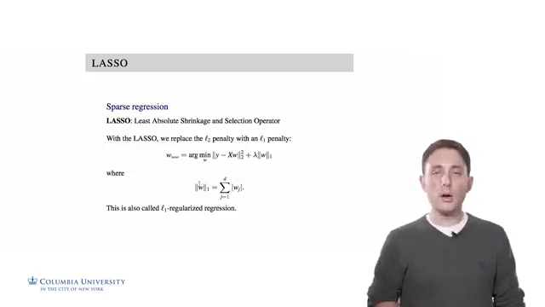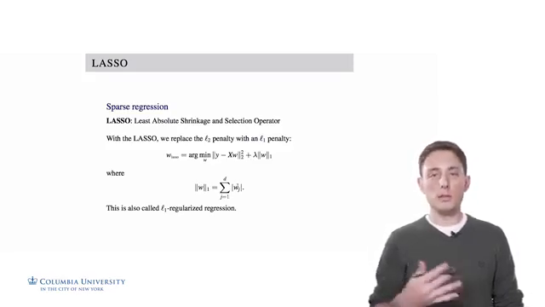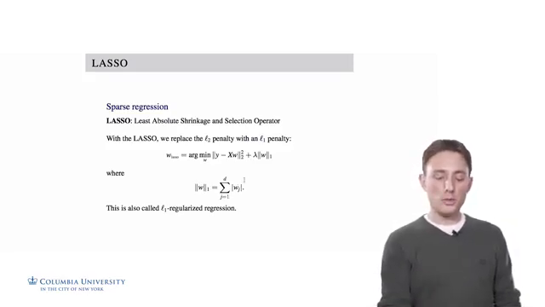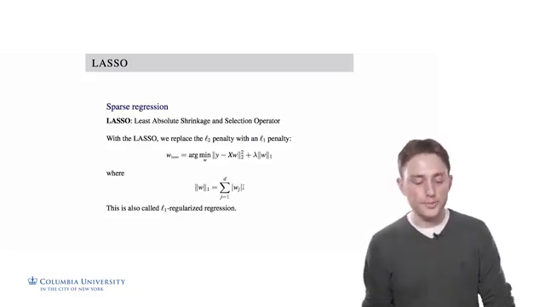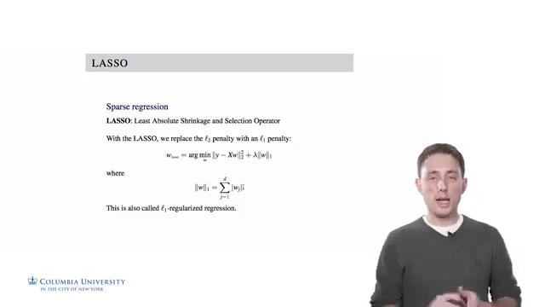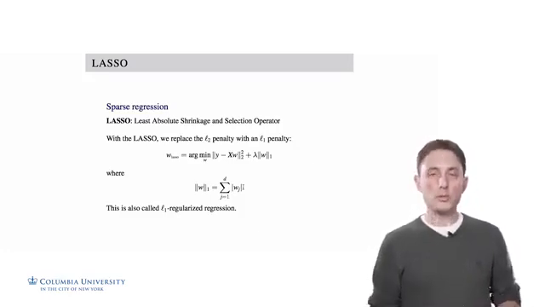By definition, the L1 norm of a vector is just the sum of the absolute values of its entries. So for L2, we had a square here. For L1, we don't have a square here. We just have the absolute value. And so this is called the Lasso, and it's also called L1 regularized regression, whereas ridge regression you could think of as L2 regularized regression.